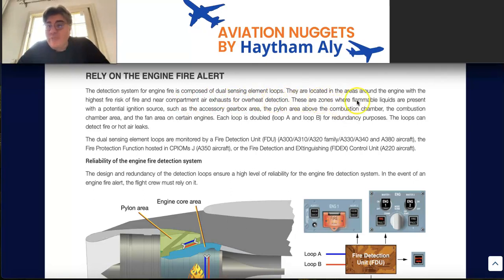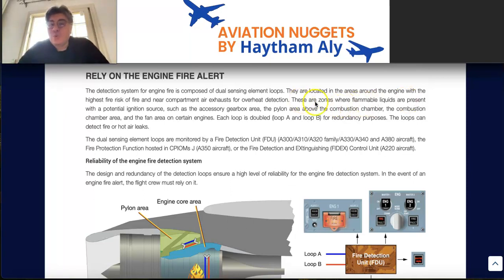These are zones where flammable liquids are present. Sensitive area is the area that has flammable liquids like oil, fuel, and hydraulic, and also has a high temperature in that area.